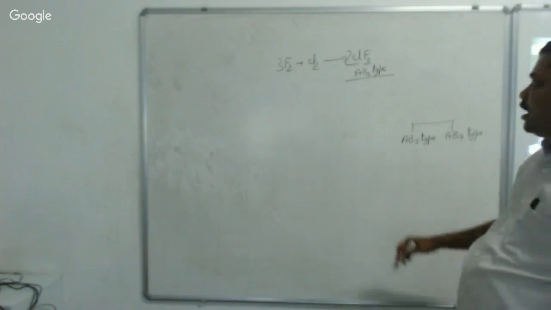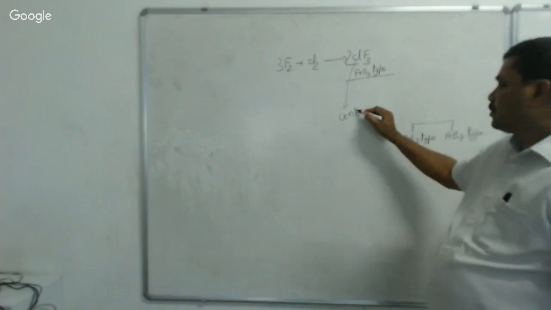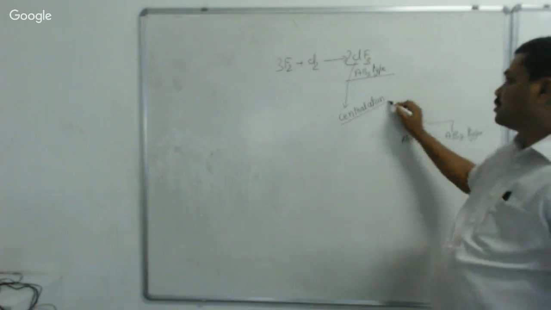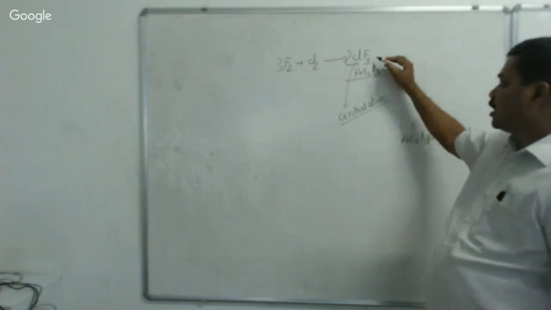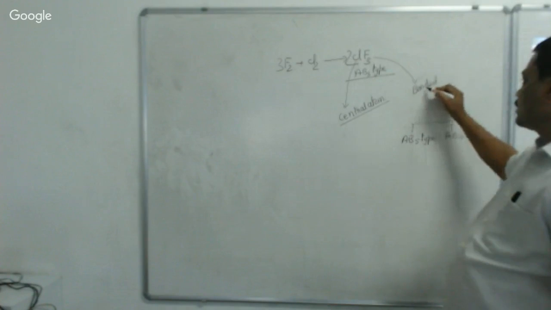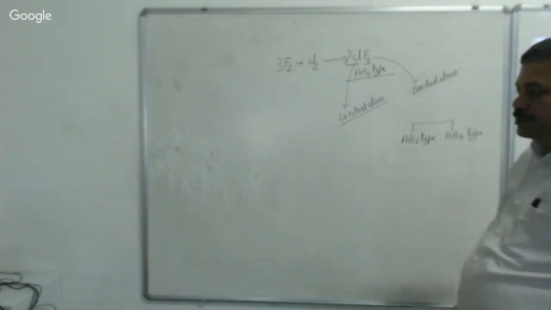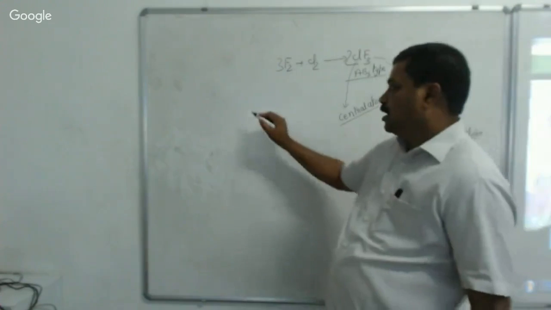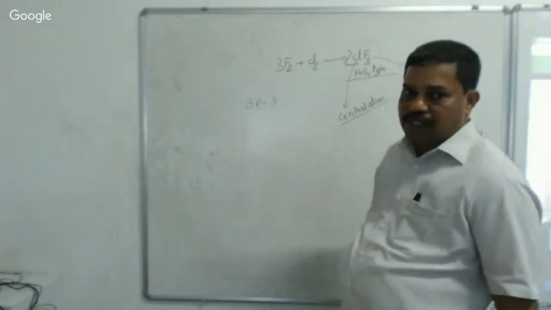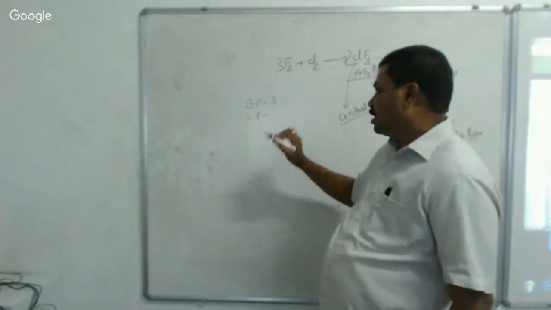Now in this AB3 type, chlorine is the center atom. Single atom is always center atom. Fluorines are bonded atoms. Now how many bond pairs are there? How many bonded atoms are there? That many bond pairs. How many lone pairs are there?